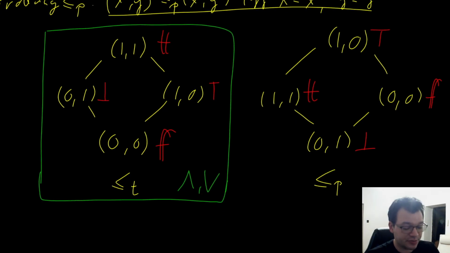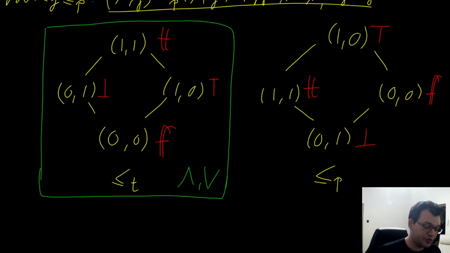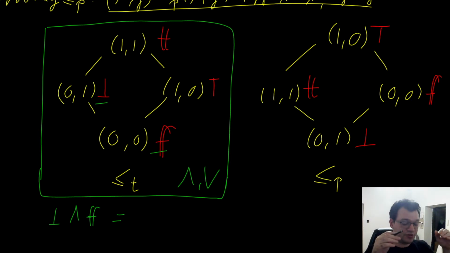For example, if you want to compute true and unknown and false, here it is unknown and false, so the infimum of these two values, the greatest lower bound, will be the false value.